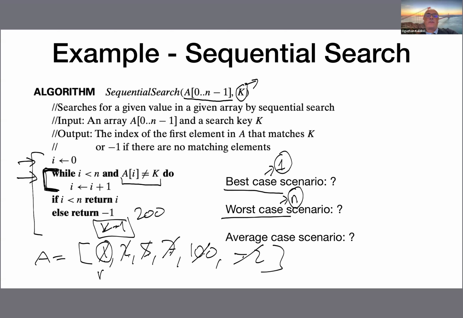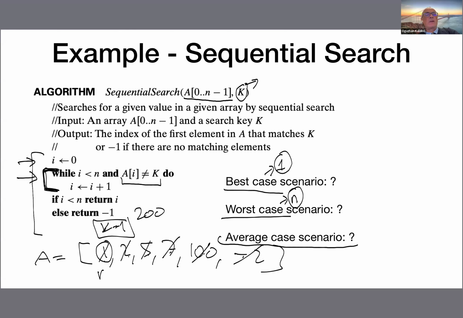So that is the difference that is based on my input. And there is also another case, which we call the average case scenario. With the average case scenario, I need to have some average input. On average, what will the input look like?